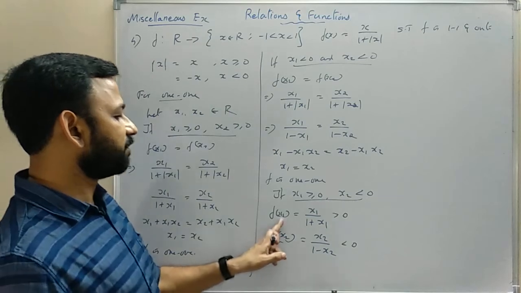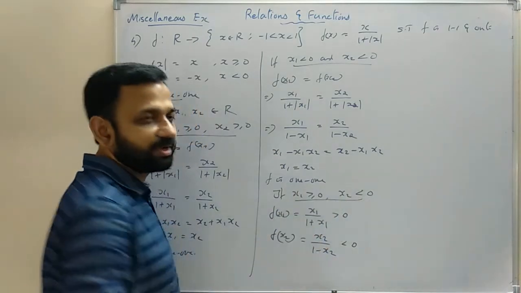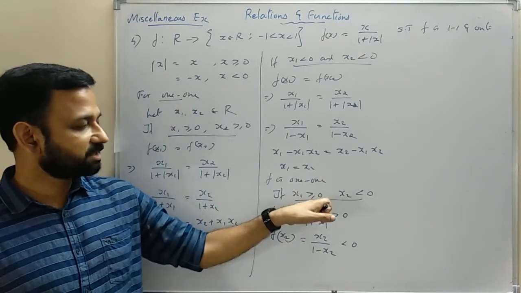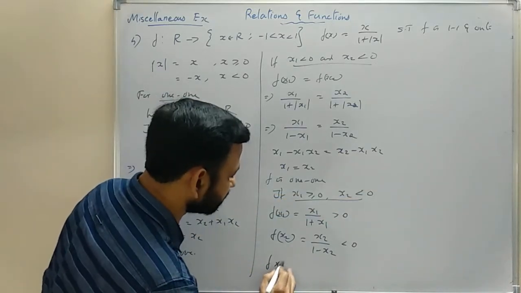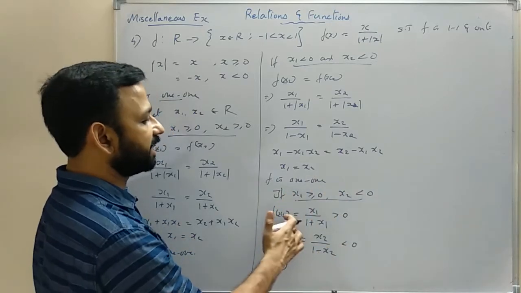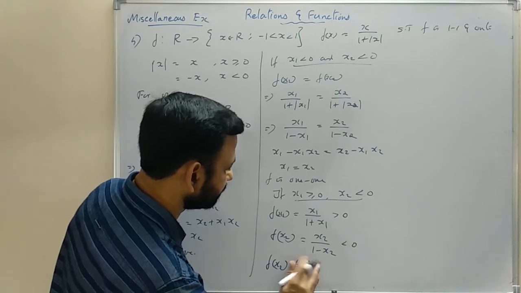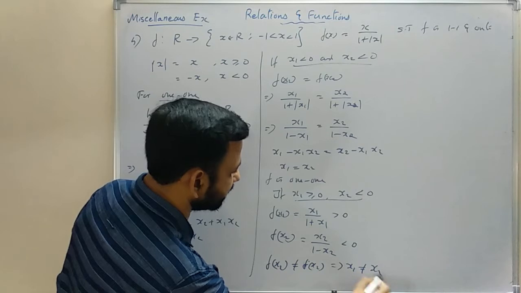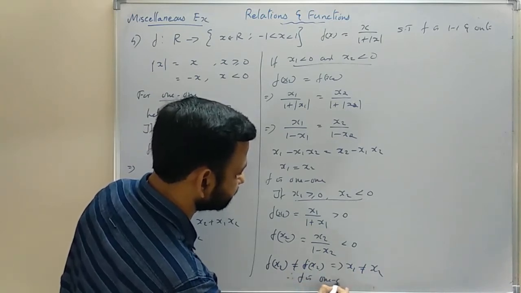So f of x1 and f of x2 are different, and x1 and x2 are also different. f of x1 is greater than 0, f of x2 is less than 0, x1 greater than 0, x2 less than 0. Different elements got different images: x1 and x2 are different and their images are also different. So we can write f of x1 not equal to f of x2 implies x1 not equal to x2. Therefore f is one-one.